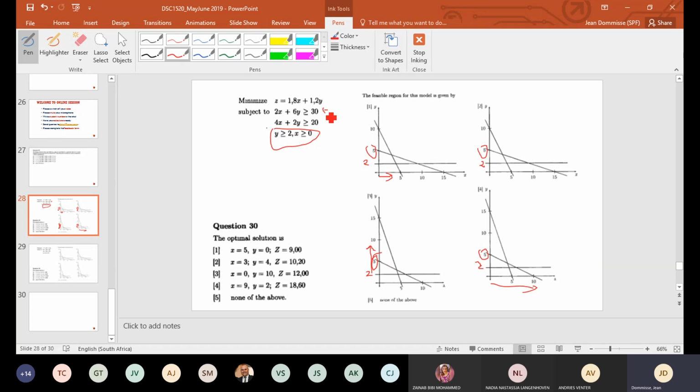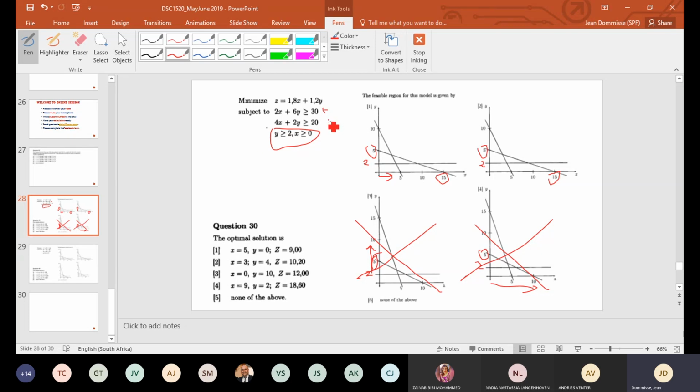But if y is 0, what's the value of x? We have 2x equal to 30, so x will be equal to 15. So basically we only have those two.